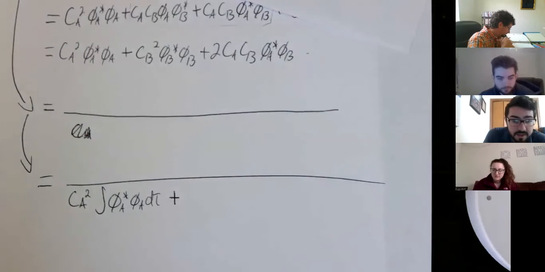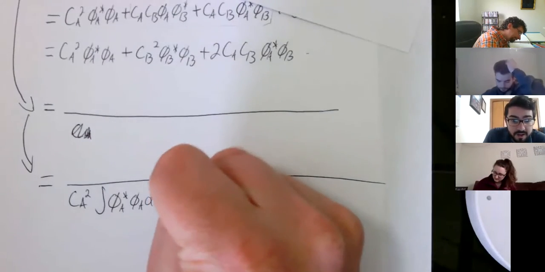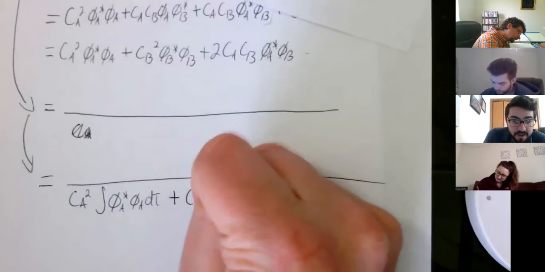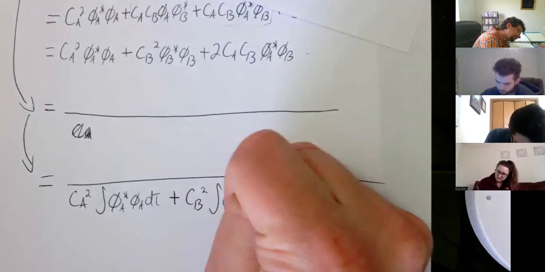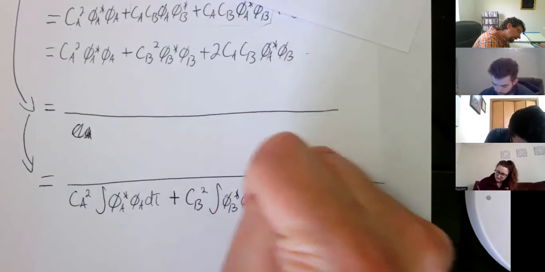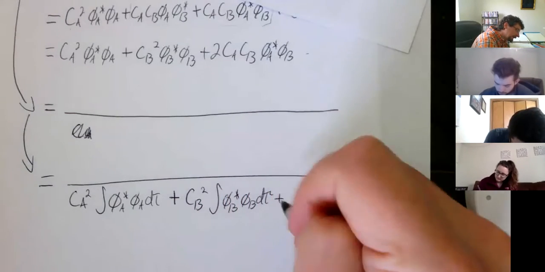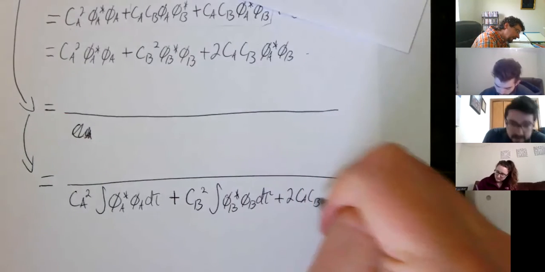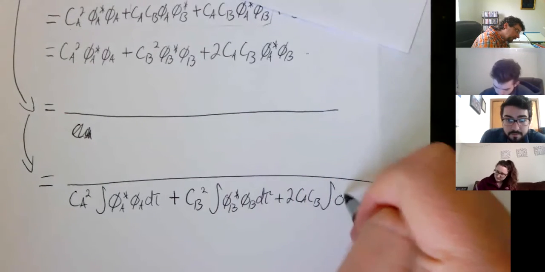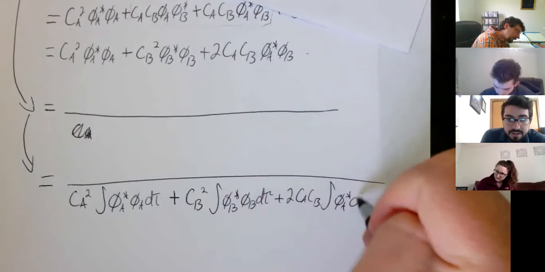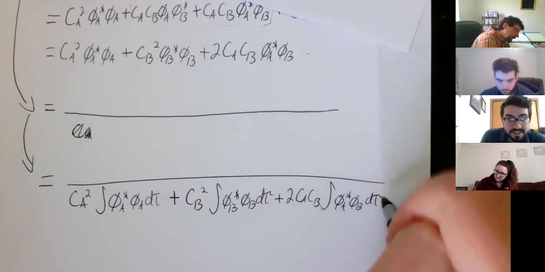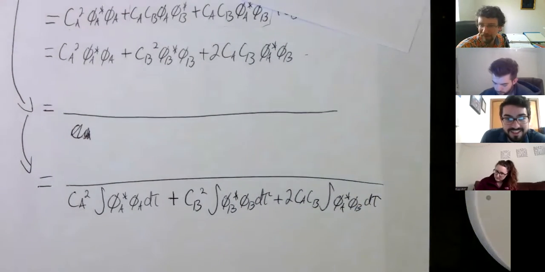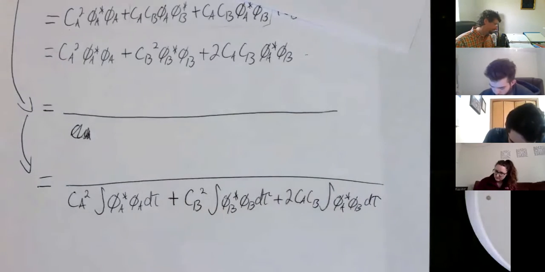Plus CB squared integral of phi B star phi B d tau. Yep. And then we got that last term, right? 2 CA CB integral. So why did you make A star but not B? Why did I pick A as the star? Because it came first. That's all.